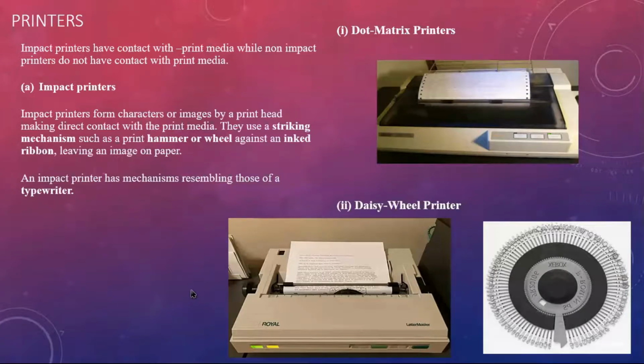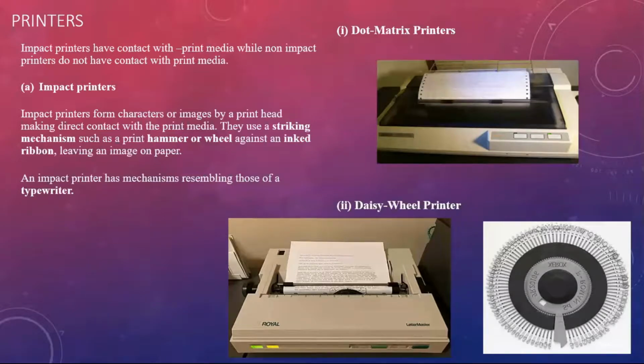So here the mechanism is in terms of heating, okay? In these printers, we have what we call a hammer, and then we have a wheel against which an inked ribbon is put. So when the hammer hits the wheel with the ink ribbon, it leaves a character on the paper which is going to be printed on.